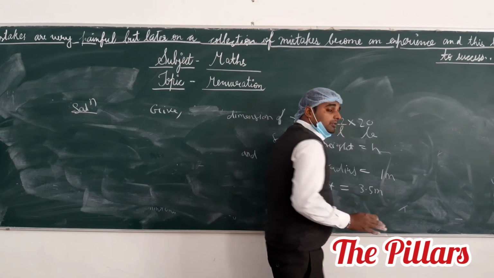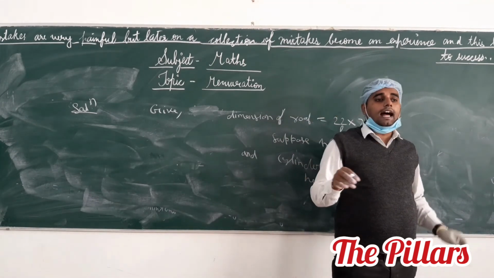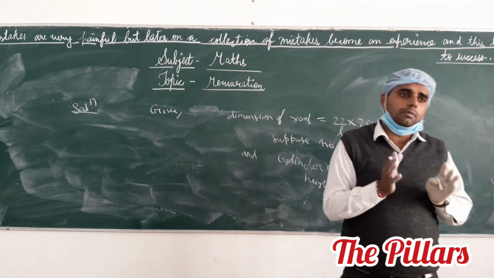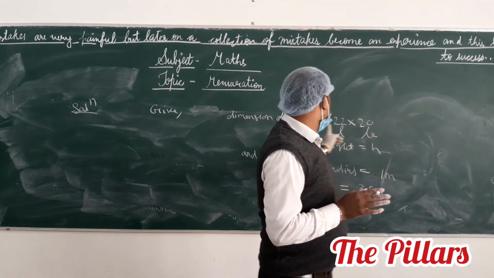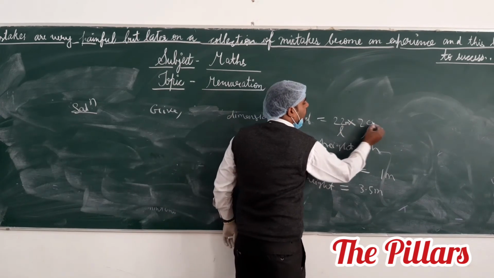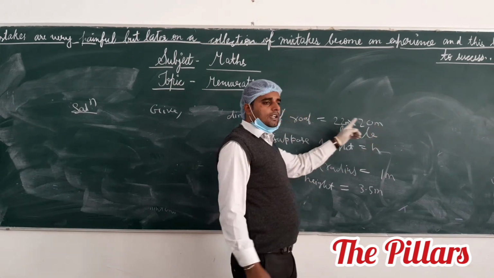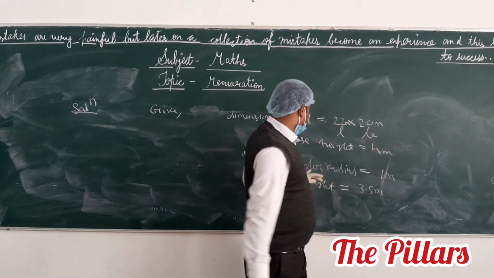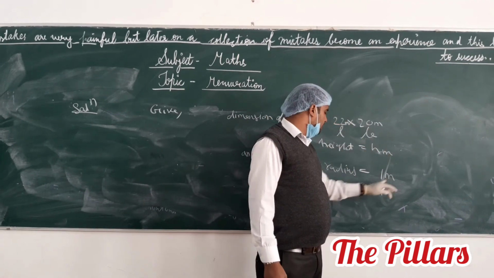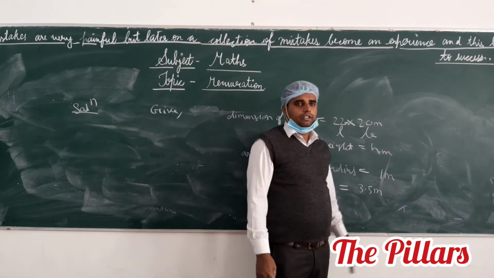3.5 meter. Whenever you solve a question, first you see whether the units are the same or not. Because 22 meter and 20 meter are given, you see that these quantities are in meters. Suppose height equals h meter, cylinder radius is given 1 meter, and height 3.5 meter is given.